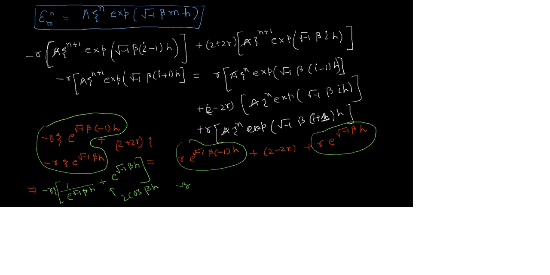So minus 2r cosine β h, and ζ will be there, plus 2 plus 2r ζ is equal to 2r, ζ won't be there this time, only the cosine would be there, so cosine of β h plus 2 minus 2r. Okay, yes.